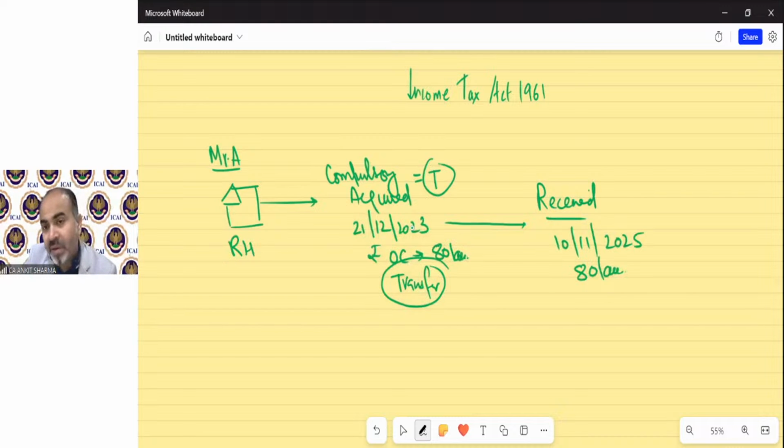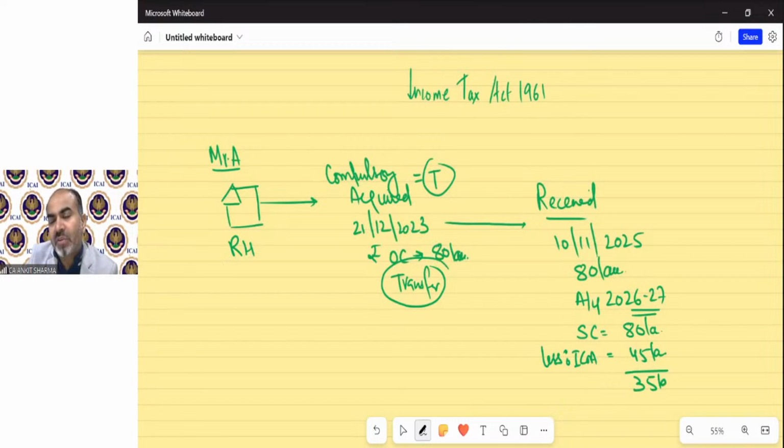Now what will happen? We will charge the capital gain in assessment year 2026-27, because the chargeability will be deferred to the year in which the compensation is received. So there will be sale consideration, which is 80 lakh. Suppose the indexed cost of acquisition, assume, comes to 45 lakh.